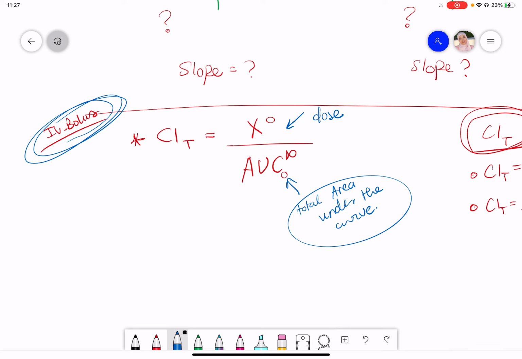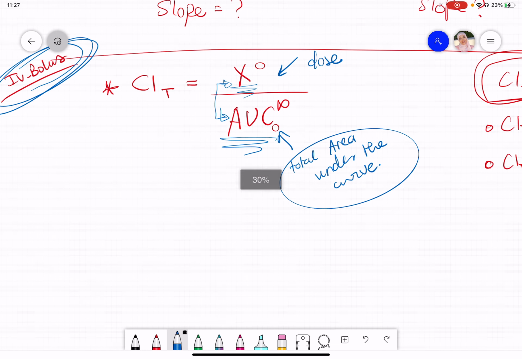It's another way to determine the clearance if you know those terms. This is the dose that you are giving, and we will talk about how to determine the total area under the curve. But for now, just know that we can determine total clearance by knowing the dose and the total area under the curve.